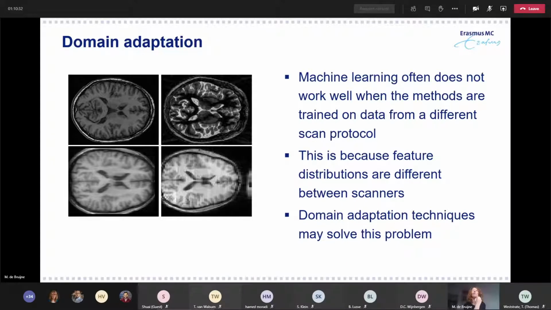And to me, they look quite dissimilar. And to a machine learning model that is not trained to understand these differences, it will also look quite different. So a model trained on one of these images will probably not work well on another of these types of images. And we're looking into new machine learning techniques that are less affected by such changes in distribution, domain adaptation, that is called.